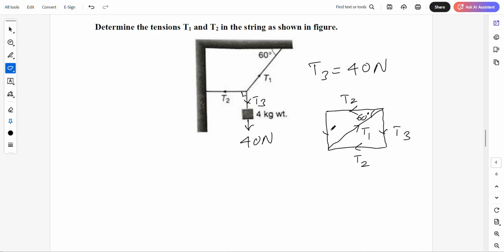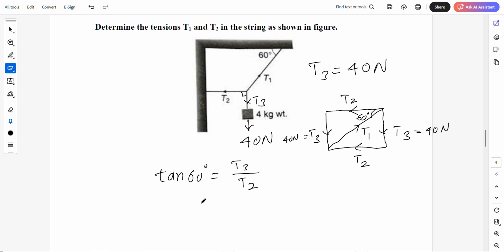Now this is T3. Now use tan 60 degree. Tan 60 degree is equal to T3, that is 40 newtons. Tan 60 is perpendicular by base, that is T3 by T2.